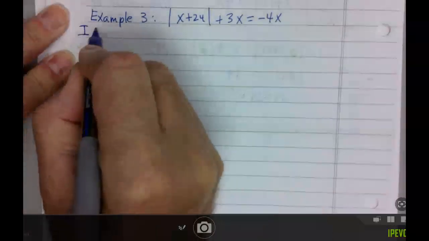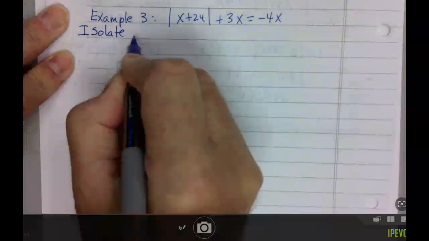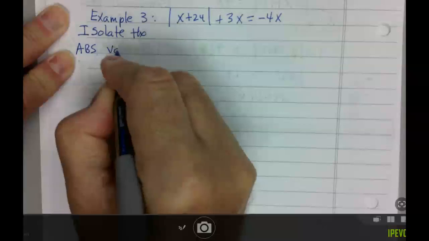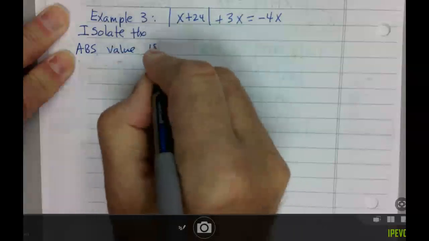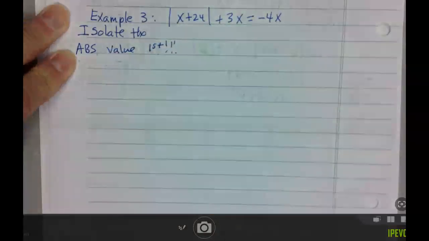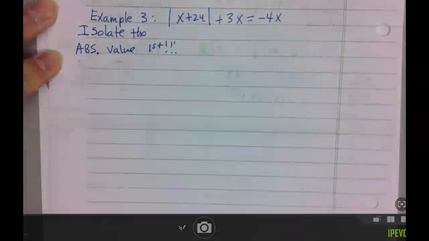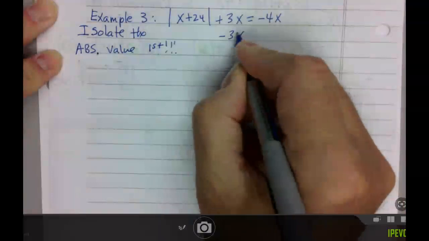So you might put a little note out to the side. Isolate the absolute value first. And you see me abbreviate a lot of times. ABS means absolute value, okay, or absolute. All right? So we're going to have to do this first. Agreed?